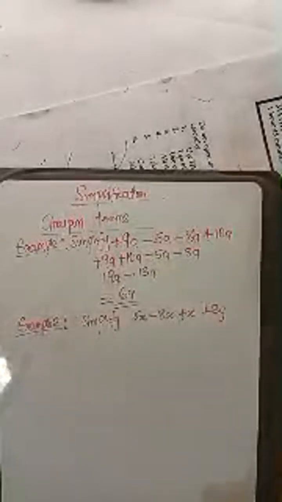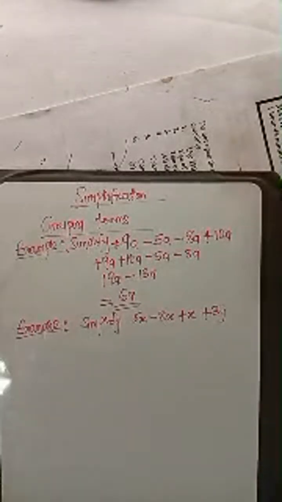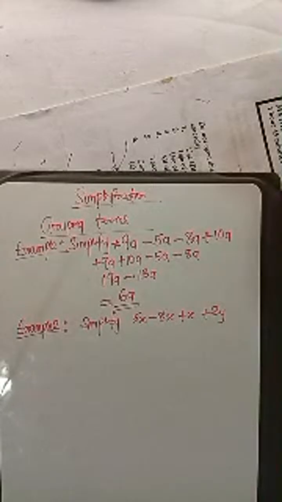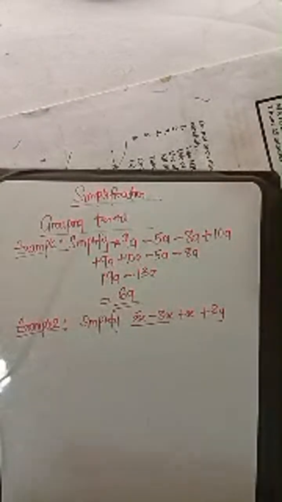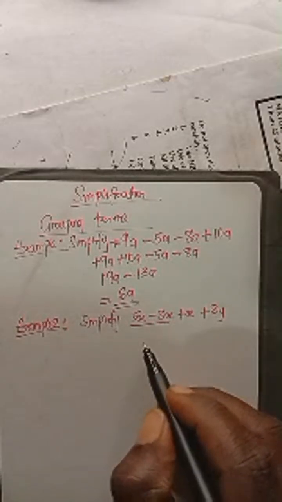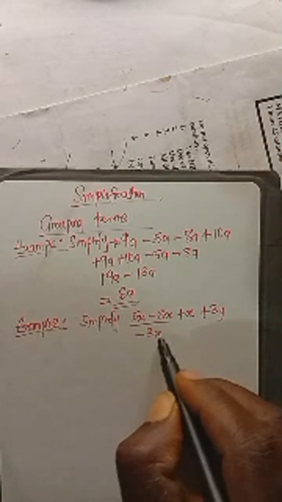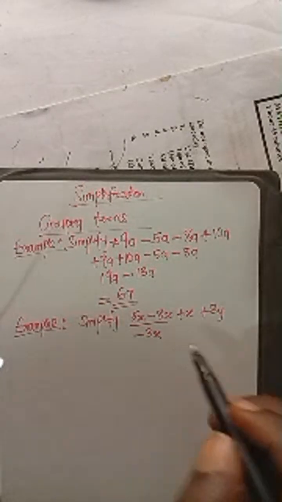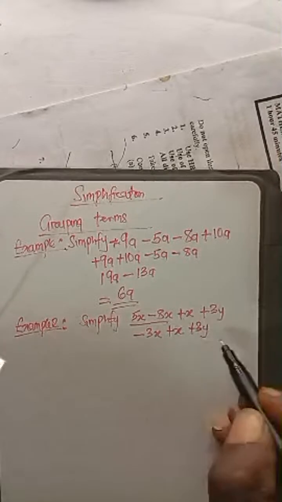If you want to solve this, let's try to simplify. In some cases, we have like terms. When we add 5x minus 8x, it will surely give us minus 3x. Now, plus x plus 3y.